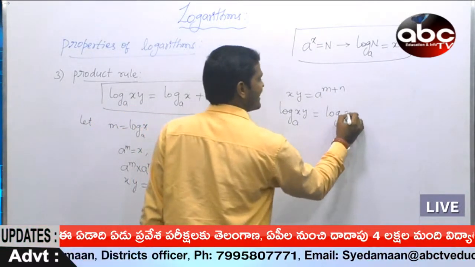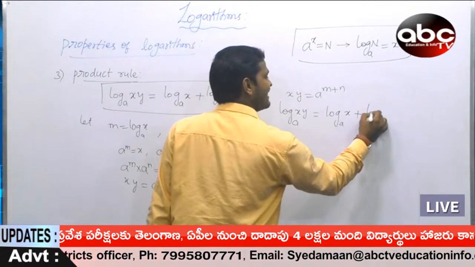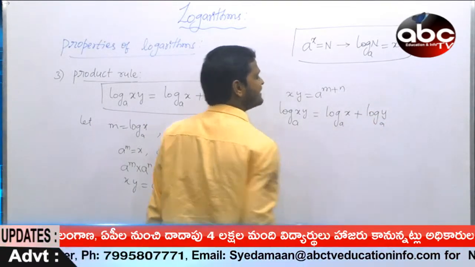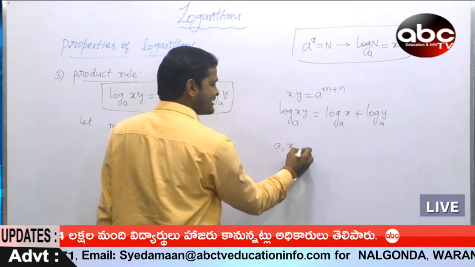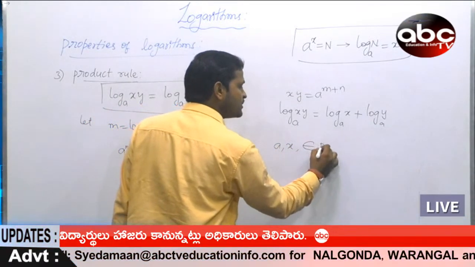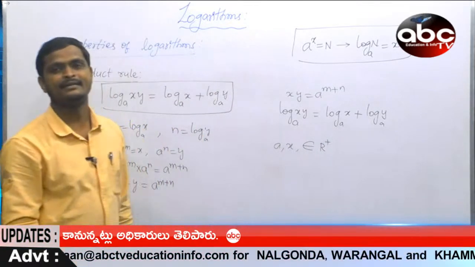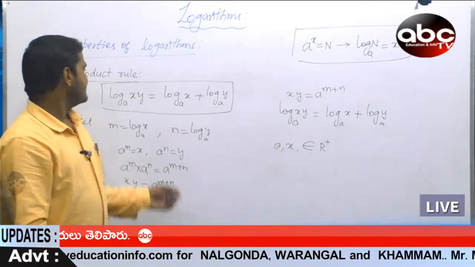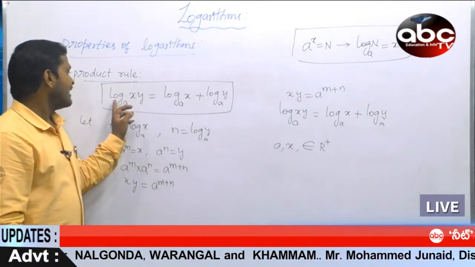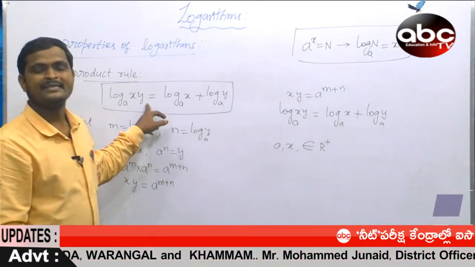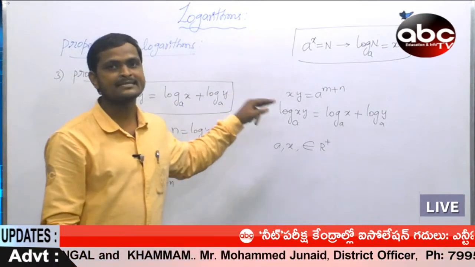Log x, plus what is n? Log y base a. Hence proved. Here a, x, y belong to the positive real numbers. Okay, this rule is the product rule. Very simple, students. Log x into y is equal to log x plus log y.